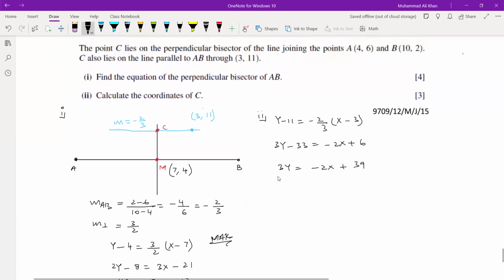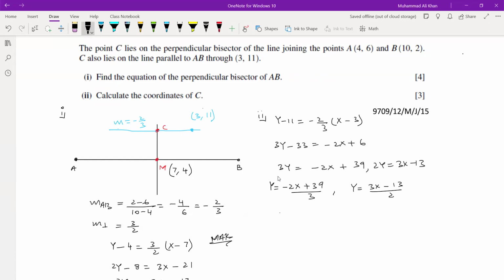3x minus 13. 2y equals to 3x minus 13. According to this, y is minus 2x plus 39 over 3. According to this, y is 3x minus 13 over 2.